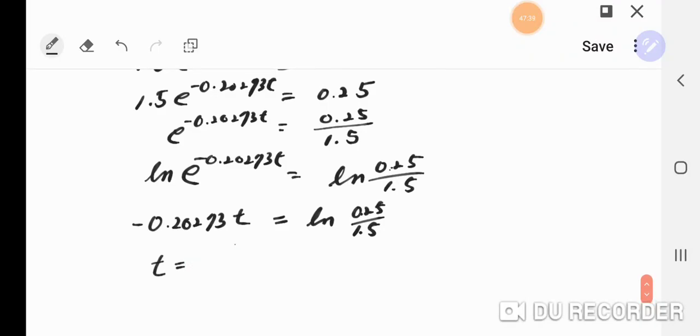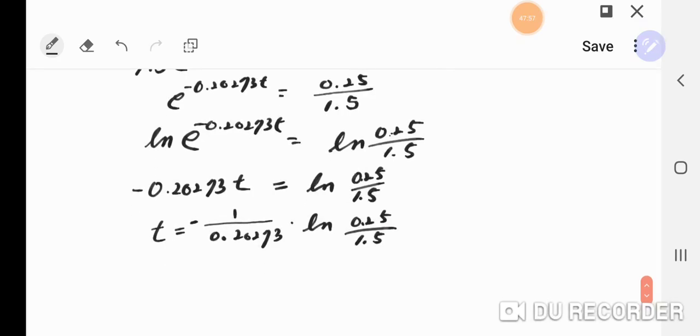So it will be negative 1 over 0.20273 multiplied by natural logarithm 0.25 over 1.5. Then using a calculator, t will be approximately equal to 8.8 years.